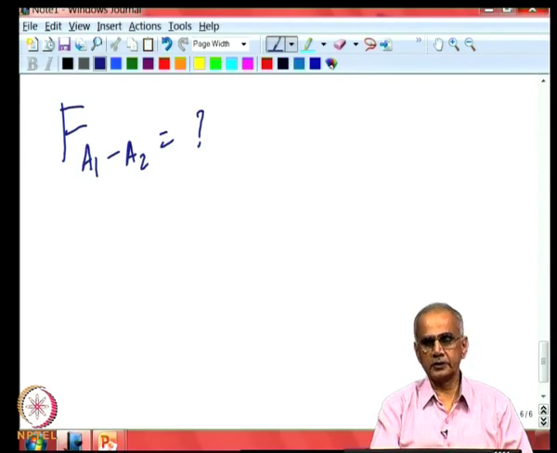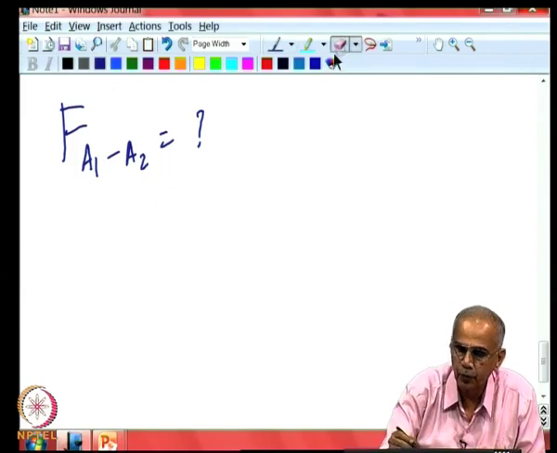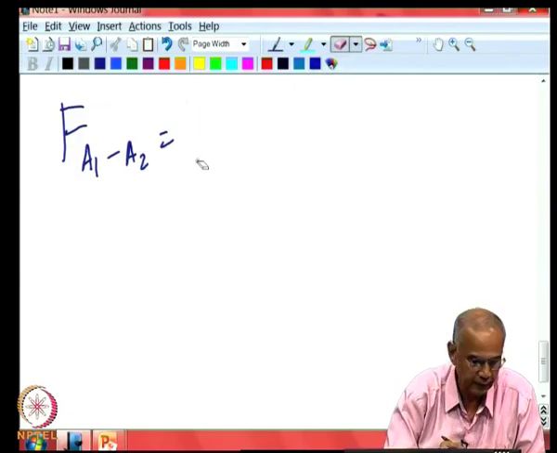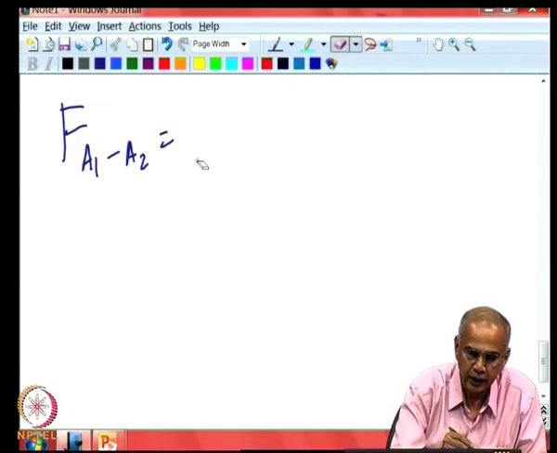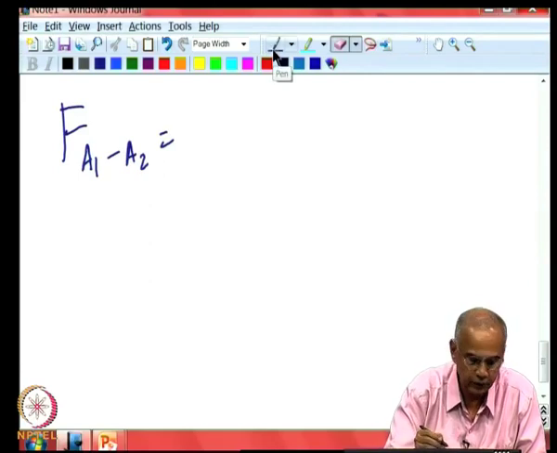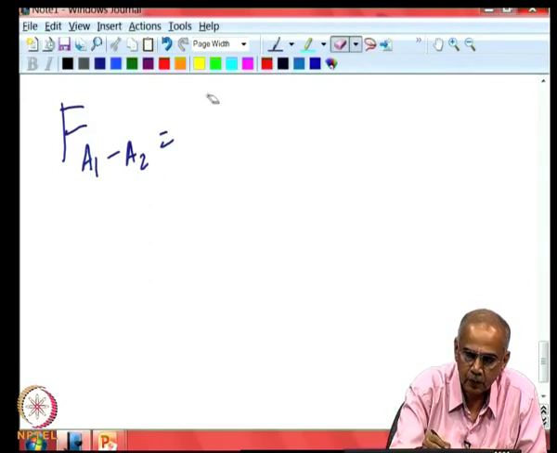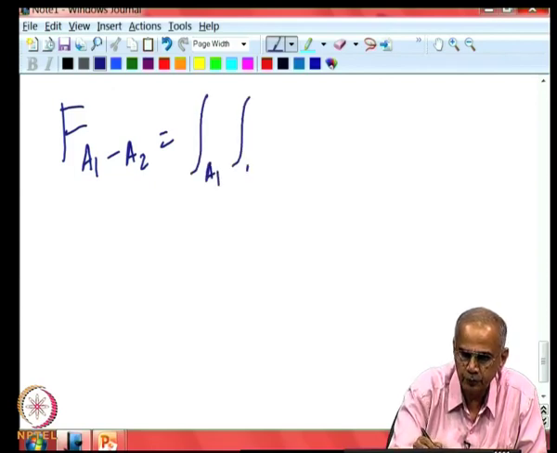But is that condition sufficient for calculating this factor between finite areas? The answer is no. You have to apply some more conditions. Why? Because if you look at the definition, to calculate between finite areas you have to integrate over the two surfaces A1 and A2.